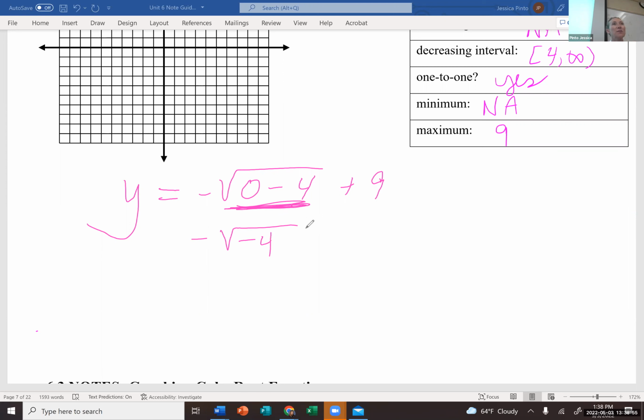And in the first semester, we learned the square root of -4. Does anybody recall what the answer to this is? 2i. Who knew it? Nice. So I've got -2i, an imaginary answer for this. And then I have the plus 9. And this is correct math. And this is totally great, but we do not graph imaginary numbers on our graph, right? This is not an imaginary number graph, it's a real number graph. And that's why there's no y-intercept.